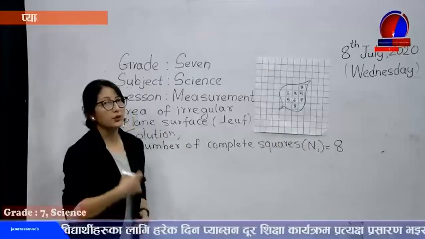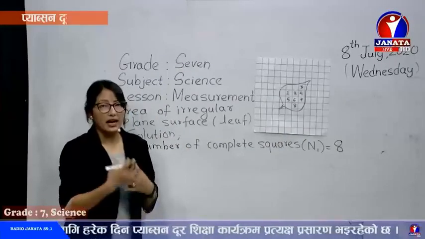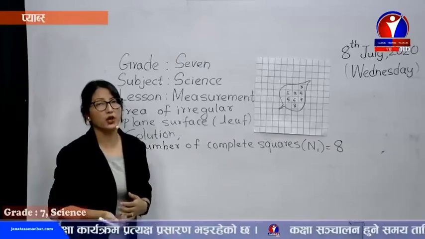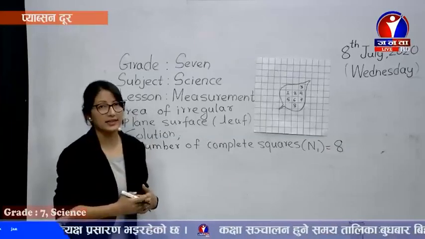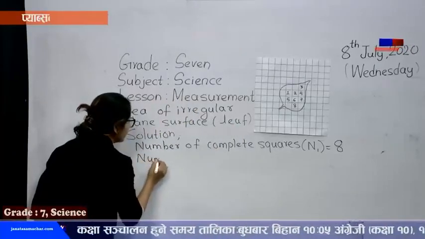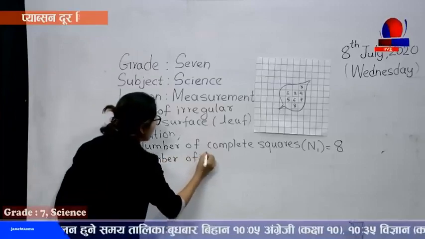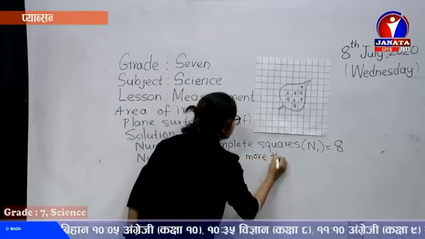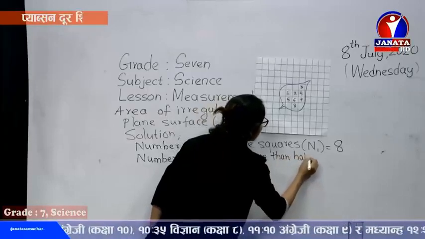Then after, we also count the squares which are half or more than half. And we ignore the squares that are less than half. So let's count. First of all, let's write number of half or more than half squares.